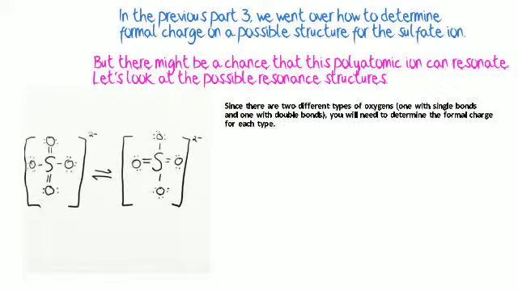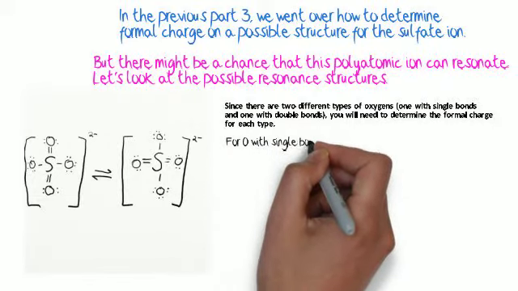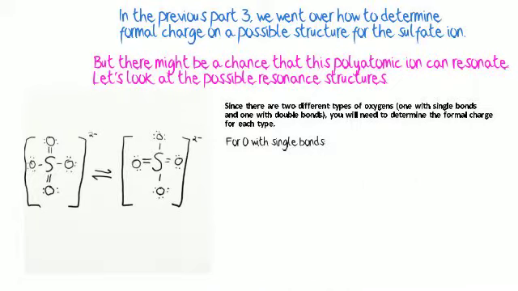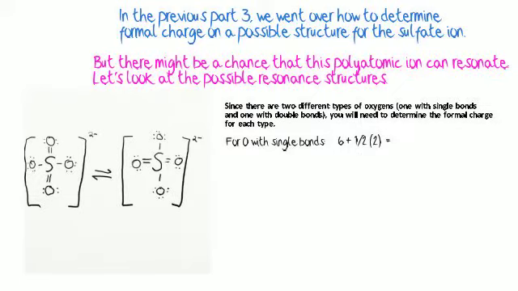Okay, here we go. For oxygen with single bonds, remember how we do it. In this picture here, it has 6 unshared electrons plus 1/2 the shared. It shares 2. And that gives you the initial valence charge of 7.